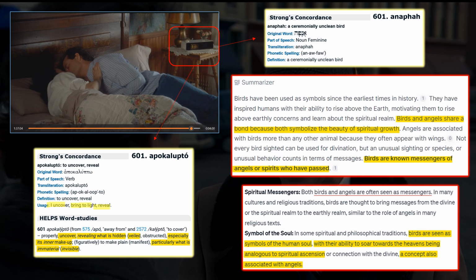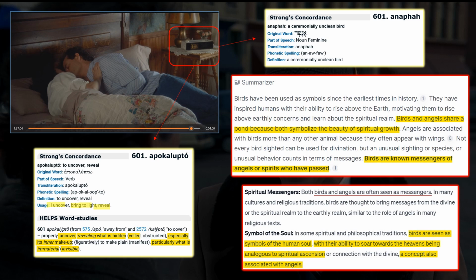It's uncovering, revealing what is hidden, that is veiled, that is obstructed, especially its inner makeup, particularly what is immaterial or invisible. And what's invisible here is that Rita is the bad guy in this movie, as she buys him and owns him and was setting him up the whole movie.